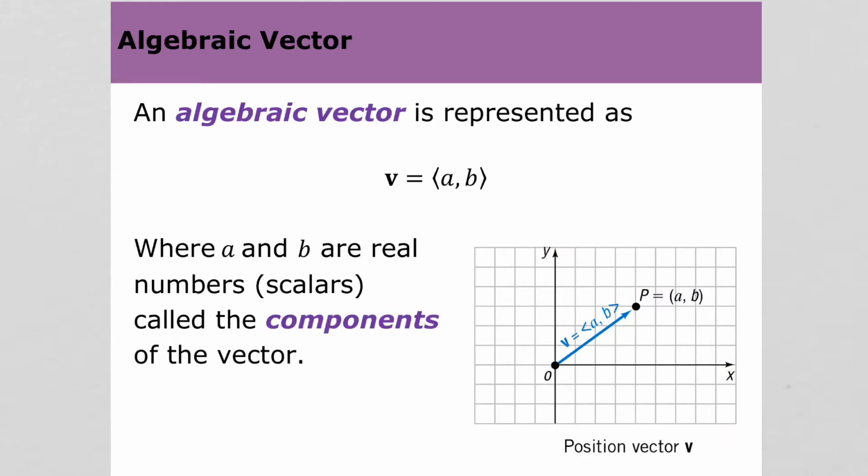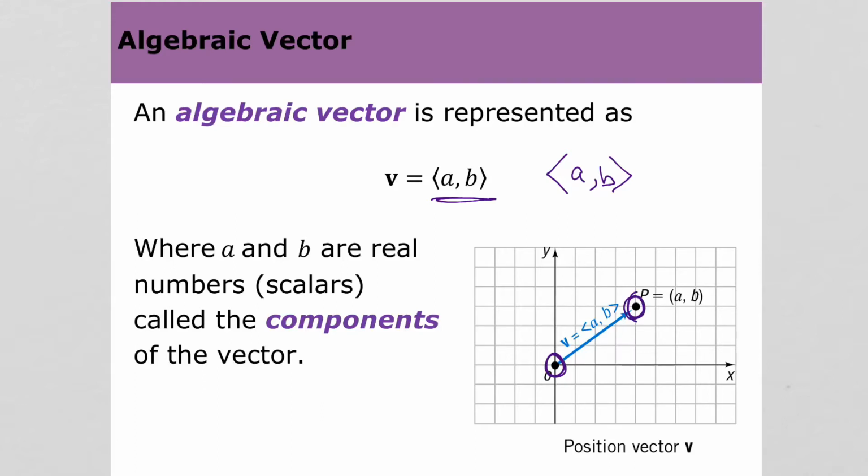So a component vector or an algebraic vector, you can say it either way, is denoted like this, where you've got these little, not quite parentheses things on either end. And it is representing the vector starting at an initial point and going to a terminal point.